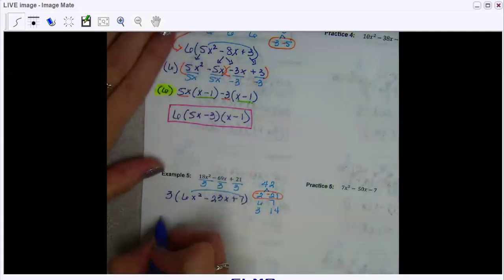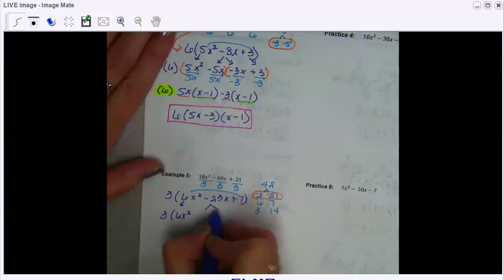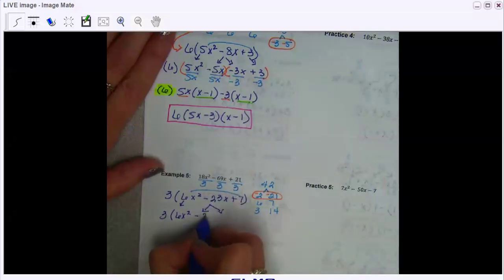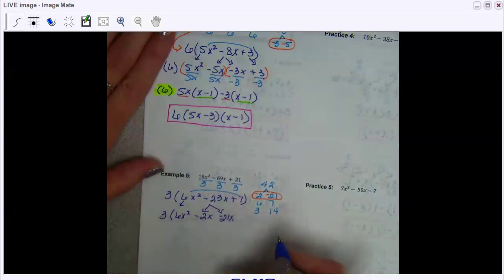So I'm going to bring down my 3. And I have 6x squared. And then I'm going to break my -23 into two parts, a -2x and a -21x, and then plus 7.